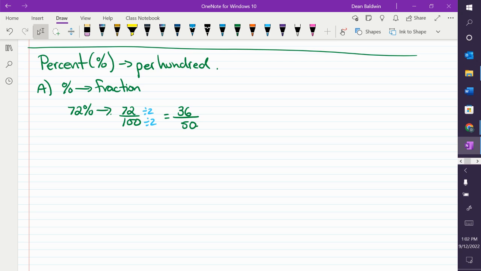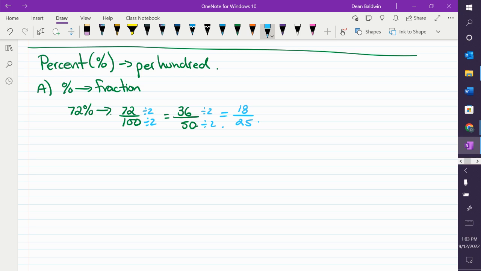It's not lowest terms. What goes into 36 and 50? 2. What's 36 divided by 2? 18. Okay, am I done now?